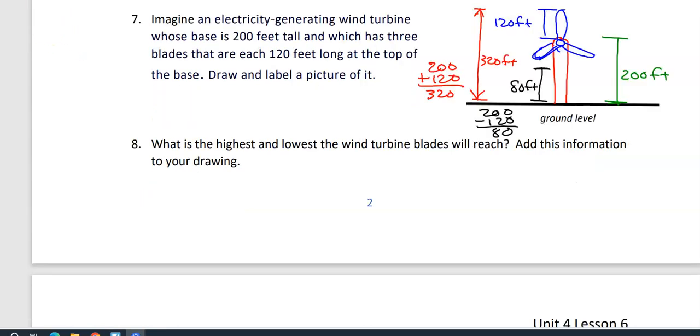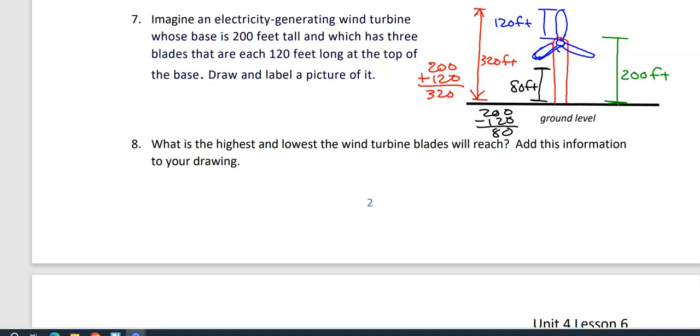So for problems 7 and 8, you have a wind turbine. The height of it is 200 feet, and then the blades reach to 120 feet from that pivot point. So if we're looking at the tallest it can be, it would be 320 feet. It would be 200 plus the 120 feet for the blade.